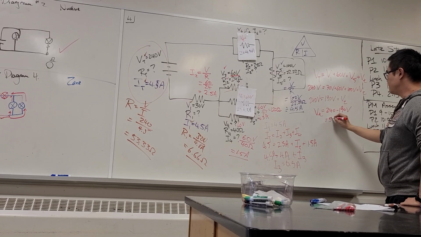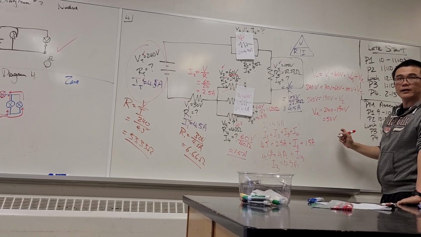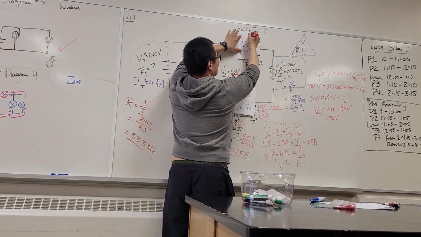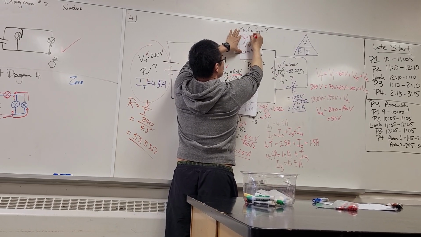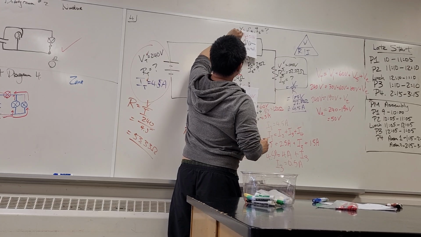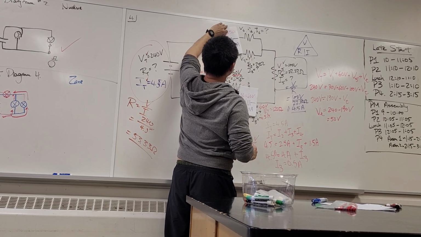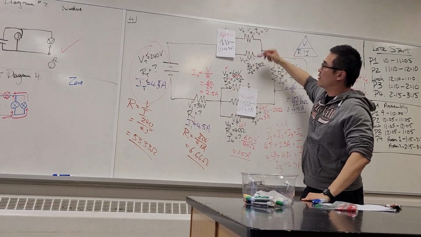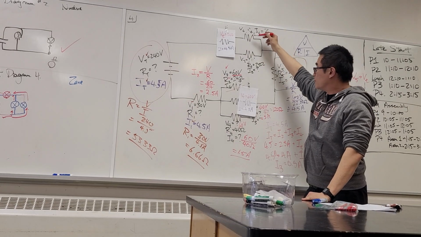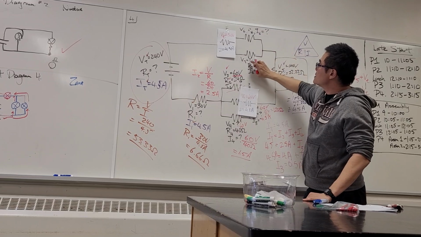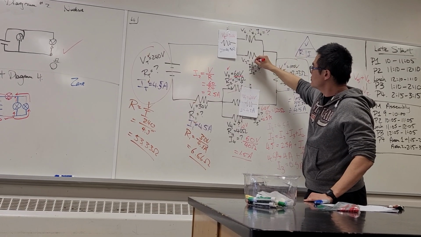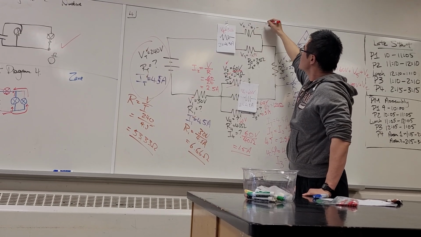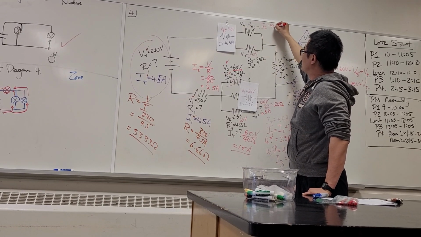That will give me 50 volts. Okay? So now we found out that this whole parallel circuit here is 50 volts. We're going to remove this here. This parallel circuit is 50 volts, so because it's parallel, this is also 50 volts. This is also 50 volts. So V6 is also 50 volts.